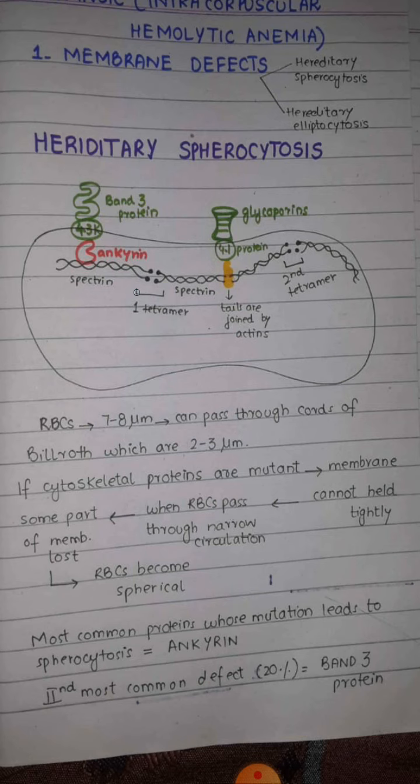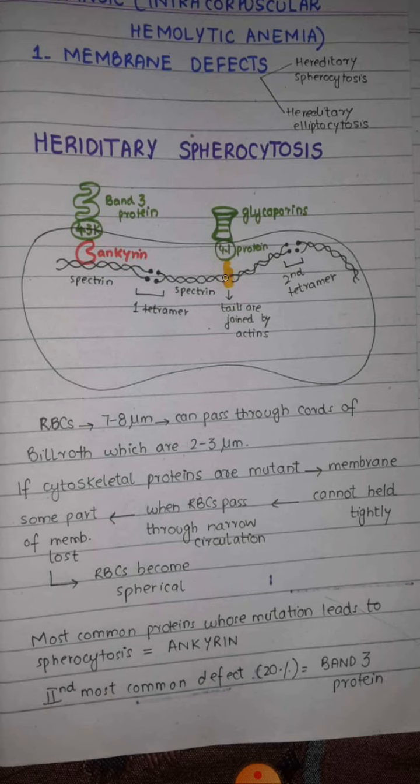So when these red blood cells pass through narrow capillaries or through the cords of Billroth, they lose some part of their membrane. Again and again they keep losing some part of their membrane, and so much membrane is lost that these red blood cells are left with very little membrane, and they become spherical in shape. So this is known as hereditary spherocytosis.